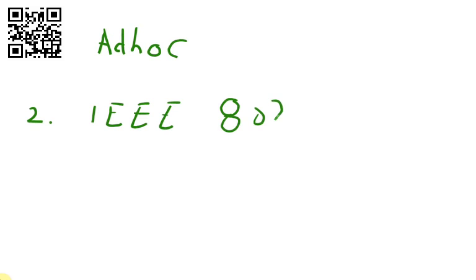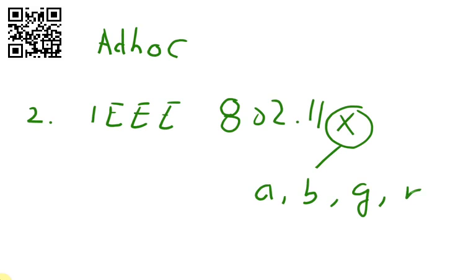In the first place, we will be discussing ad hoc networks. How can we establish ad hoc networks? And in the second place, we will be discussing IEEE 802.11x standard based networks. And here x stands for a, b, g, and n.